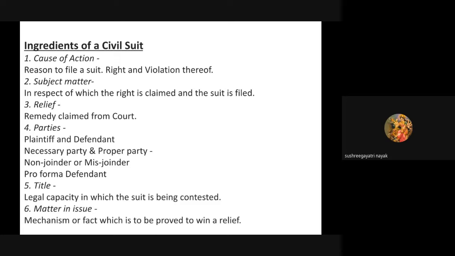Then the subject matter, it is nothing but the subject in respect of which the right is claimed and the suit is filed. That is the subject matter. The third element would be relief. We all know that there is a right. If there is a right, there will be a remedy, and the remedy, if we claim from court, then that would be relief.